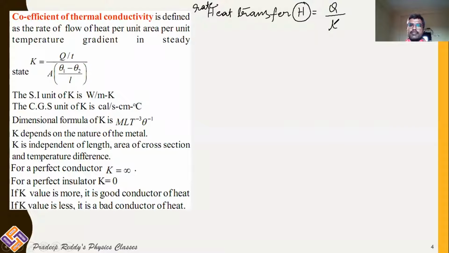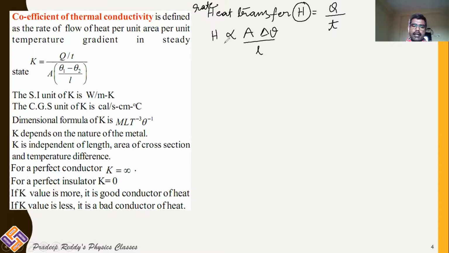Rate of heat transfer is Q divided by time taken T. So H is Q divided by T. And this rate of heat transfer is directly proportional to area of cross section, change in the temperature, and inversely proportional to length L. Of course, if Q is proportional to A delta theta by L, Q by T is also directly proportional to A delta theta divided by L.